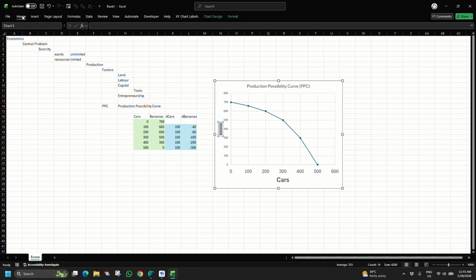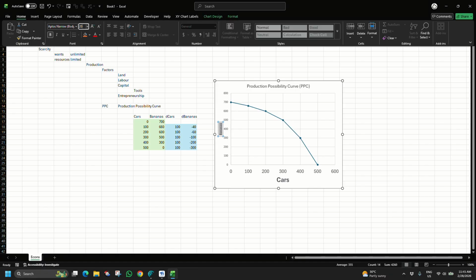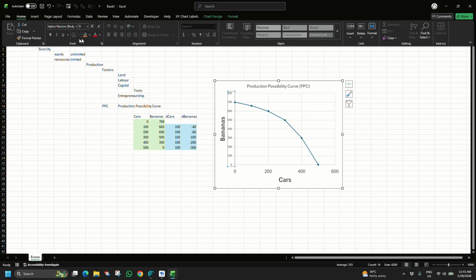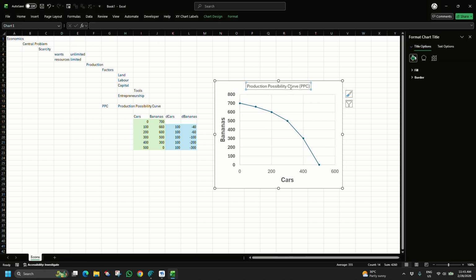Bold and bigger so you can see, and the numbers as well. 15. Okay, bold. Right, so this is the production possibility curve.